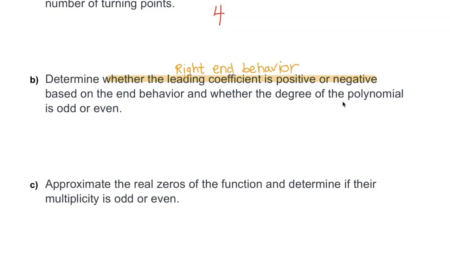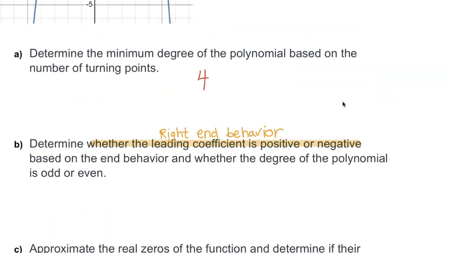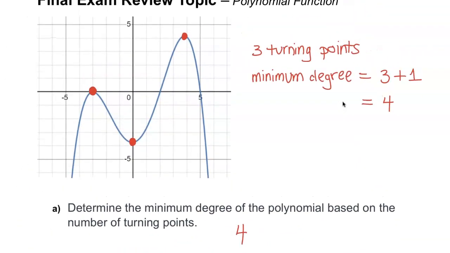If it's going up to the right, then it's going to have a positive leading coefficient. If it goes down to the right, then it's going to have a negative leading coefficient. So don't look at everywhere else. Just look at the right end of this graph. So start somewhere, follow the graph. Where is the graph going to the right? This is going down to the right side.